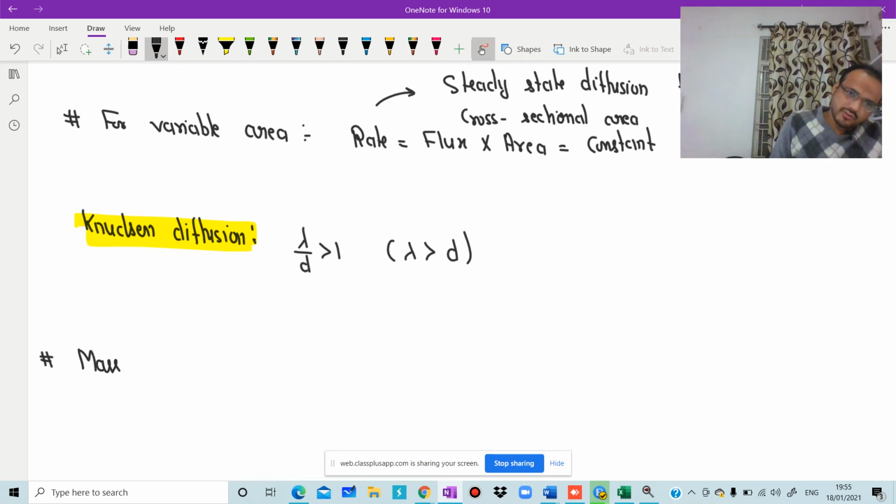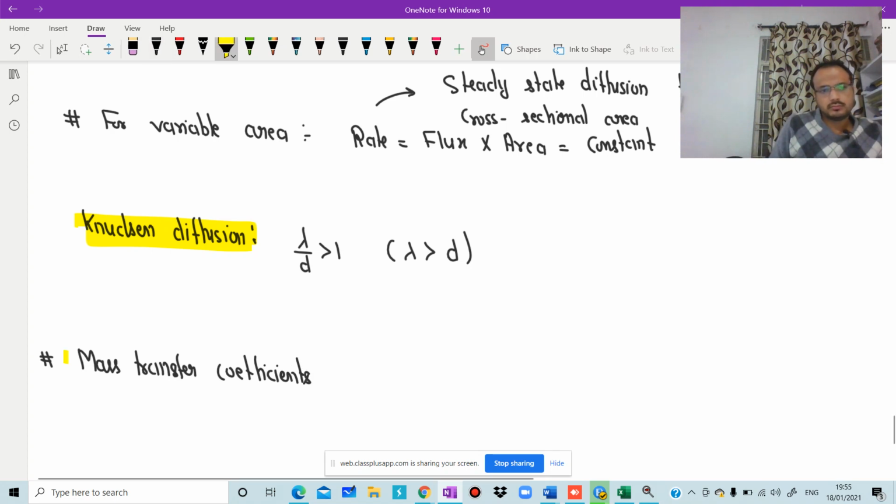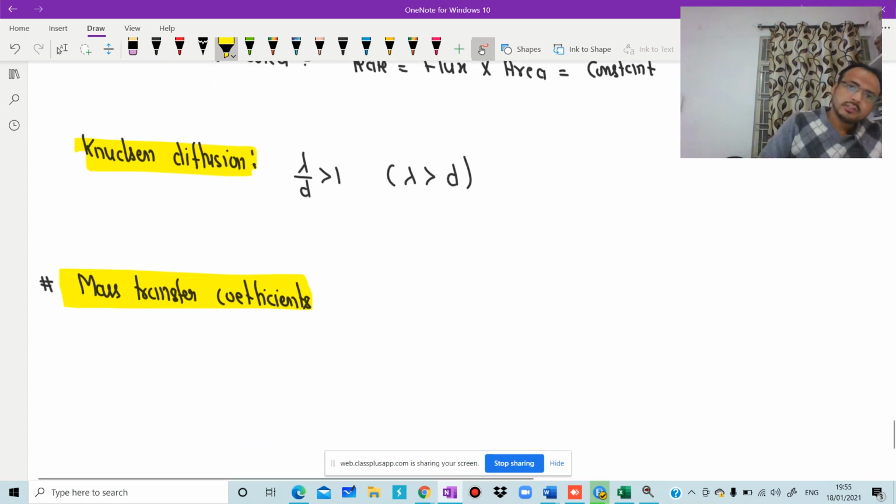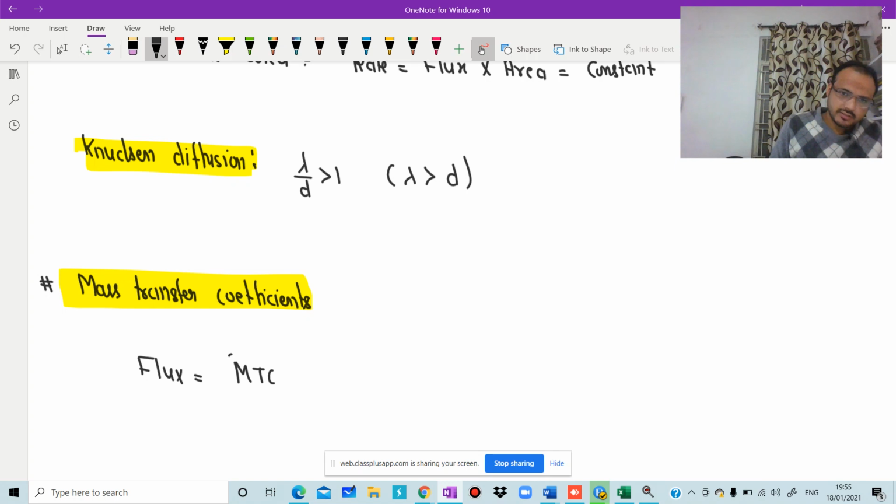Next is mass transfer coefficients. We know that flux is equal to mass transfer coefficient into corresponding driving force.